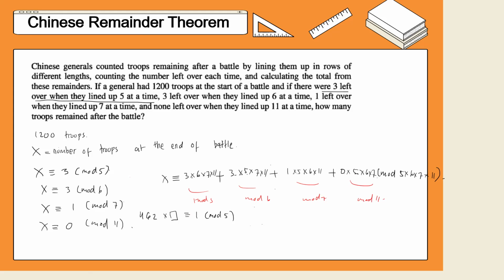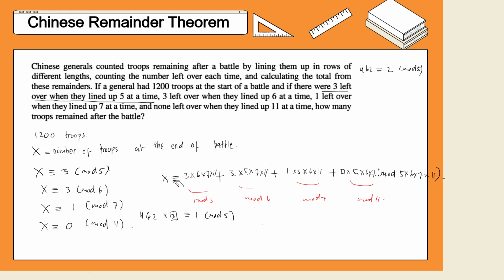What do you think is the inverse of 462, guys? You can reduce it: 462 is congruent to 2 modulo 5. So we can multiply it by 3 and we get 1. So this is 3. Okay, so we multiply it with its inverse.